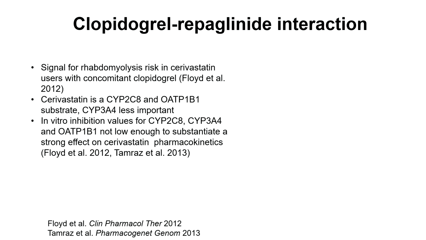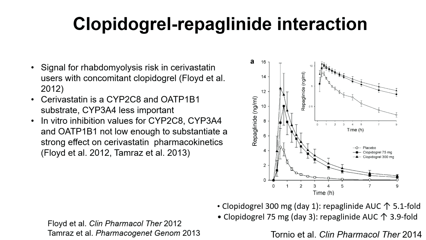But we got interested in this, and as we have focused quite a lot on CYP2C8, our favorite drug is repaglinide, which is a CYP2C8 and OATP1B1 substrate and CYP3A4 less important in pharmacokinetics, very similar to cerivastatin. We did a clinical study with clopidogrel as a perpetrator with repaglinide, and it showed very clearly that clopidogrel increases repaglinide AUC fivefold with the loading dose, a little less with the maintenance dose.